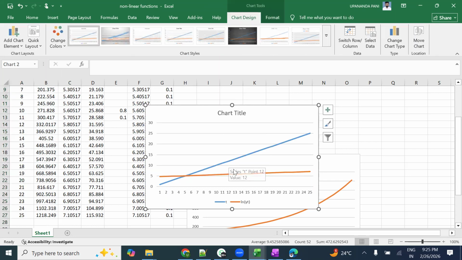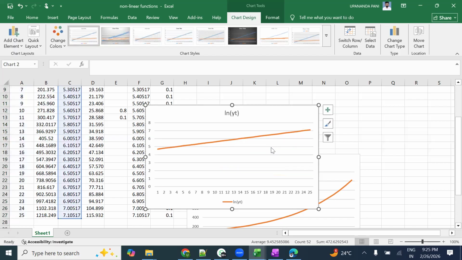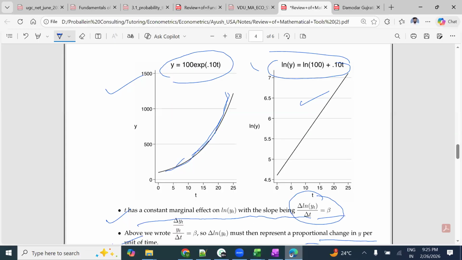Straight. ln yt, because this one I can delete. ln yt I just want to plot it, isn't it? That is becoming a straight line only. Yes or no? Yes, sir.